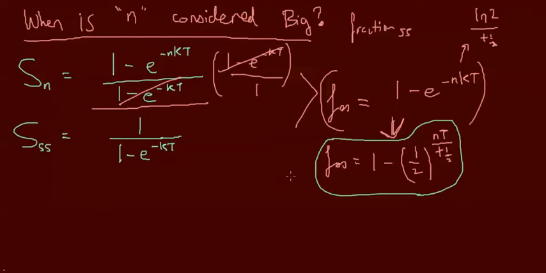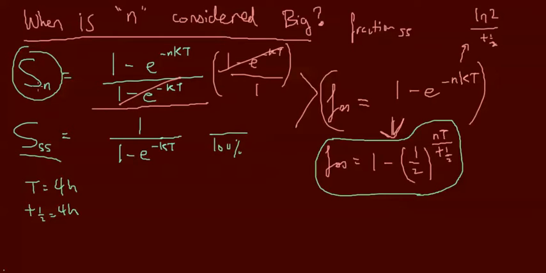In the last problem, t was 4 hours, and our half-life was also 4 hours. So I would say the fraction at steady state that's close to, the accumulation factor at steady state would be when Sn is a big number, because SSS is pretty much 100%.